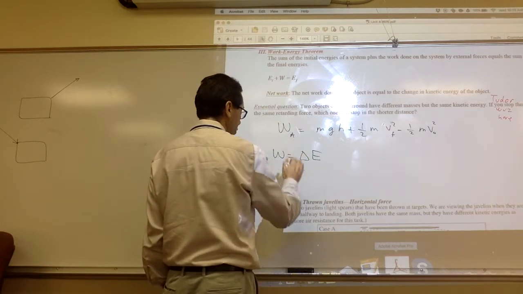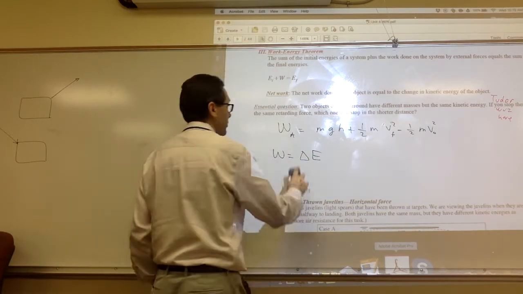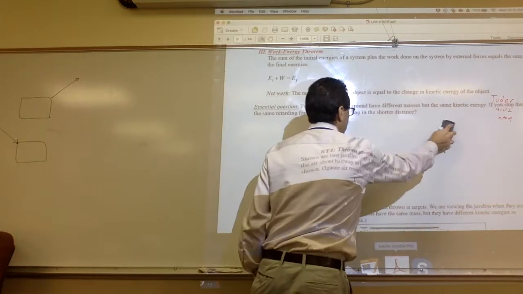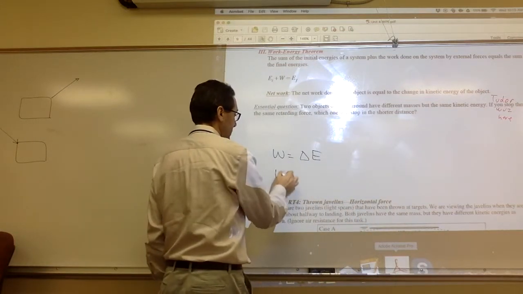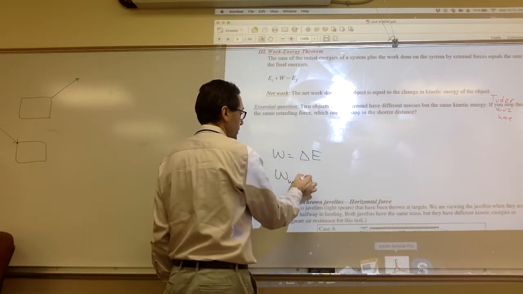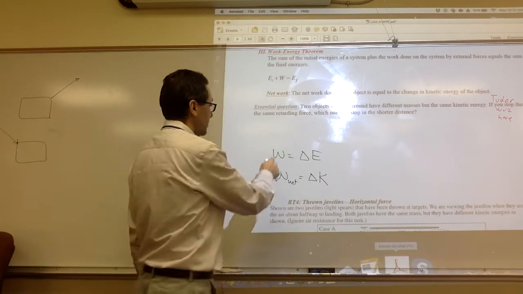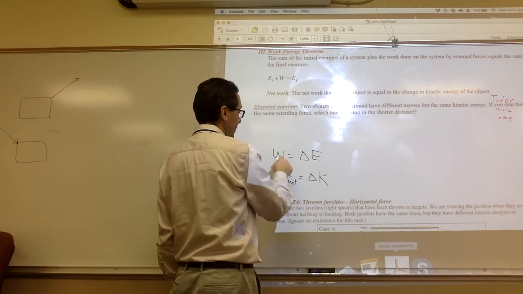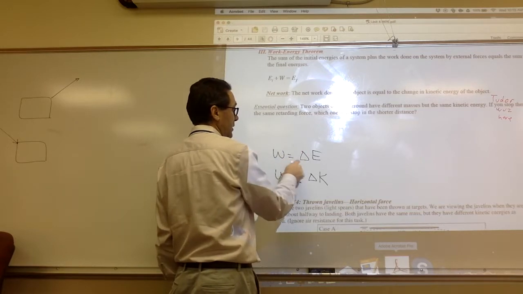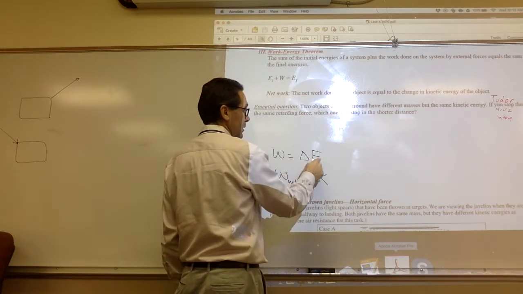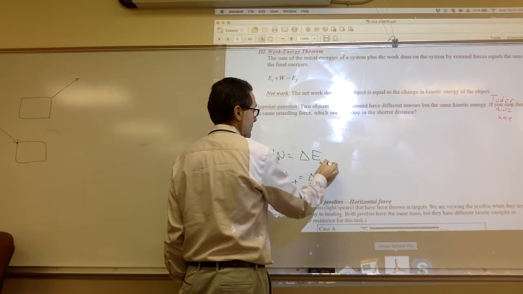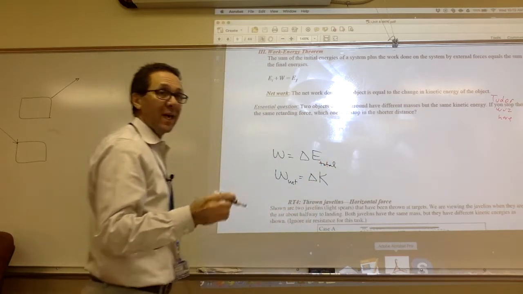Now, if you also watch the previous video, I showed you that the net work is only the change in kinetic energy. Okay, now this work here, done by the applied force basically, is the change in total energy here. And here we're talking about mechanical energy.